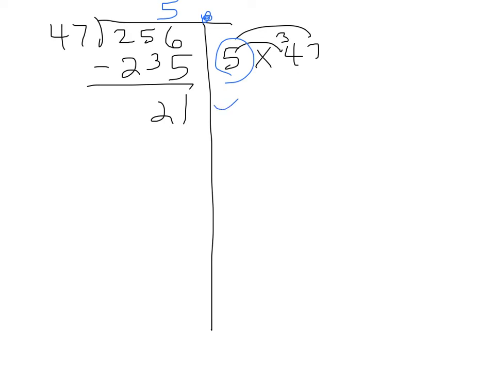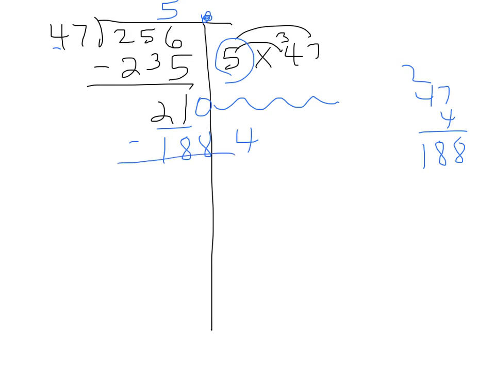Now it's time for me to go with that traditional method. I'm going to add a 0. 4 goes into 20 about 5 times. That's probably too much. I'm going to try a 4. 47 times 4 is 188, that works. So I'm going to say 4 times 47 is 188. Borrow, borrow.